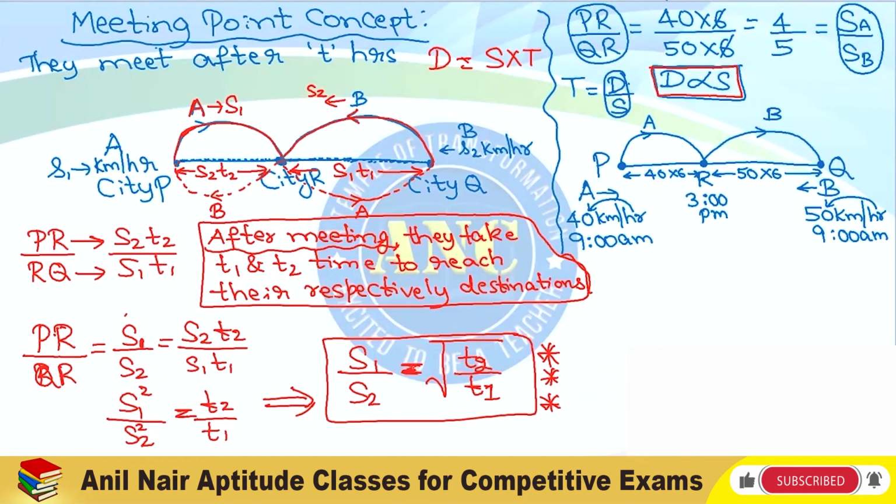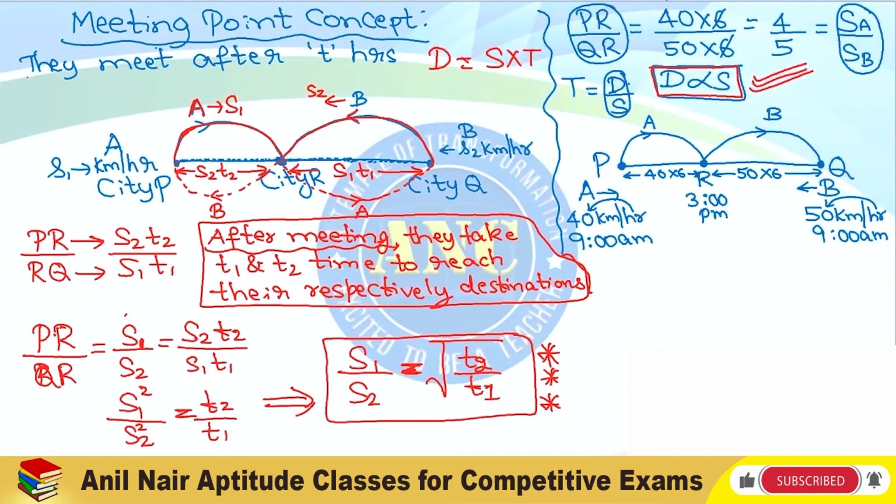They are the speeds of the two people A and B respectively. And I have very clearly explained that if the time is constant, speed ratio and distance ratio are directly proportional to each other, which is beautifully explained by the numerical example on the right hand side, and I have proved it as well.